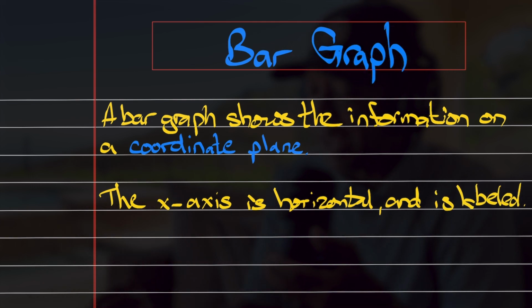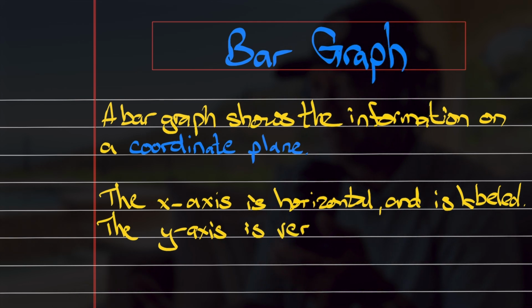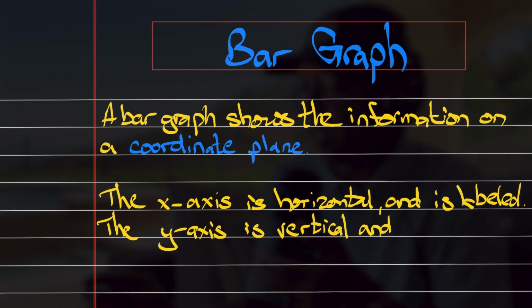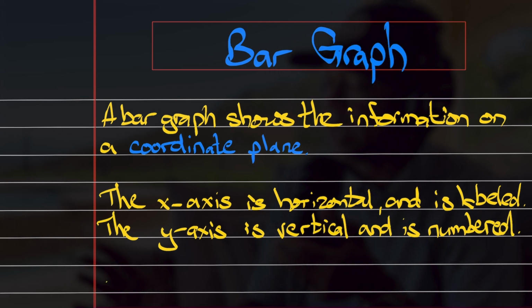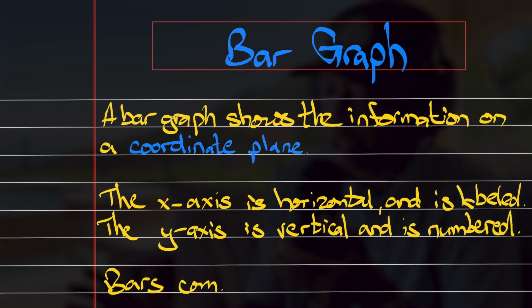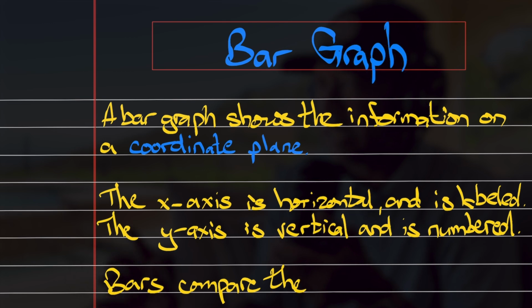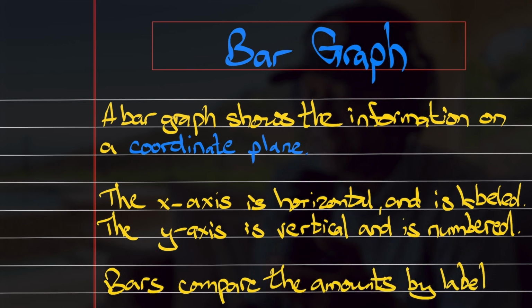The x-axis is horizontal and it's labeled. In this case, it's going to have each of the 5 kids' names. And the y-axis is vertical and it's numbered. Is it the number of pages or the number of books? We'll find out in 1 second.